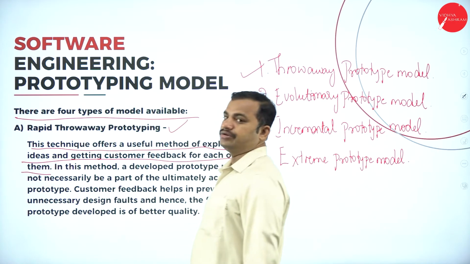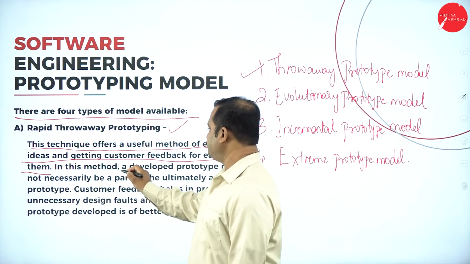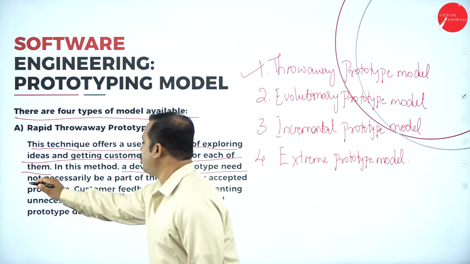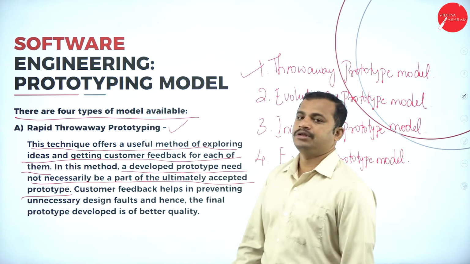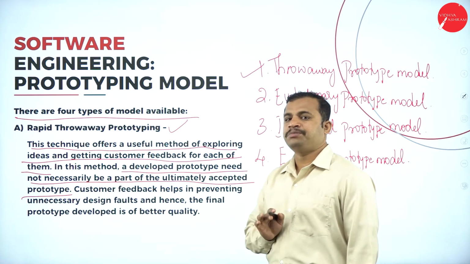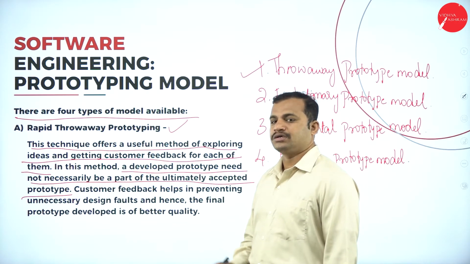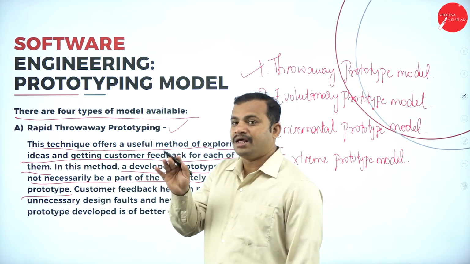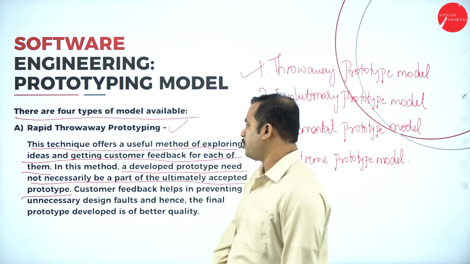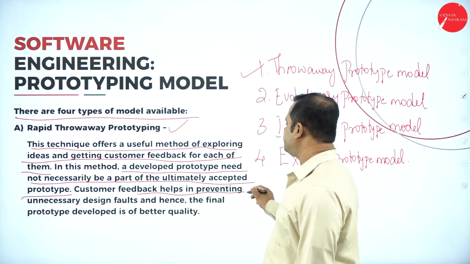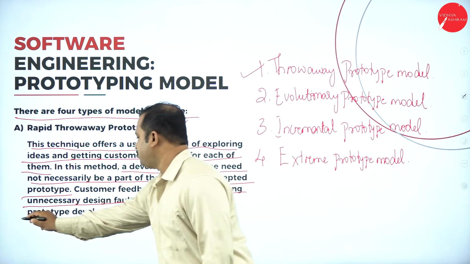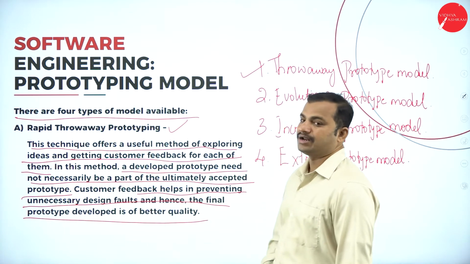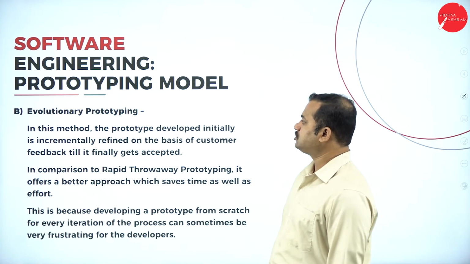In this method, a developed prototype need not necessarily be a part of the ultimately accepted prototype. That means it need not be acceptable by the customer as an ultimate delivery of the software product. So the customer feedback helps in preventing unnecessary design faults, and hence the final prototype developed is of better quality. That means it is thrown away.